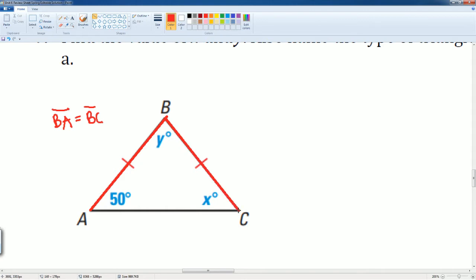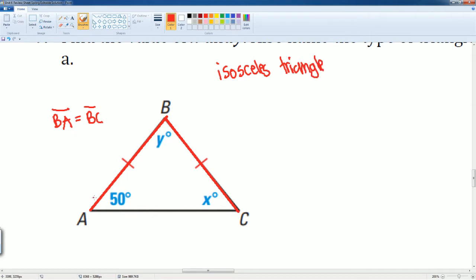So automatically, because we see that two of the sides are congruent and the angle here is 50, we can call this an isosceles triangle. And now we can solve.